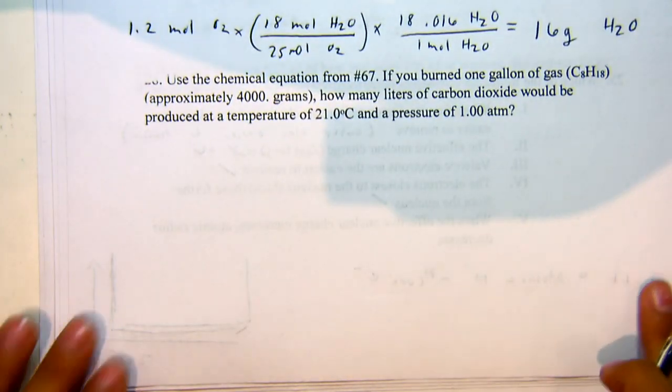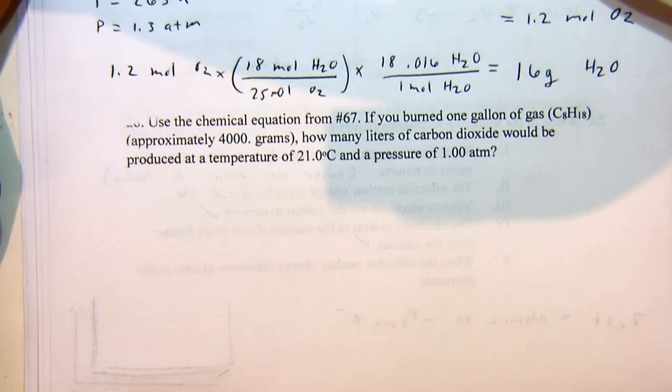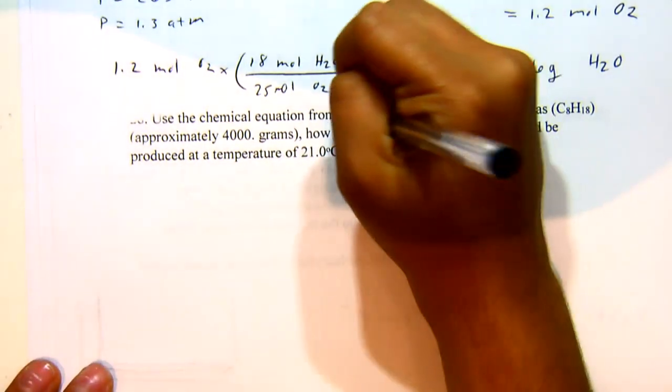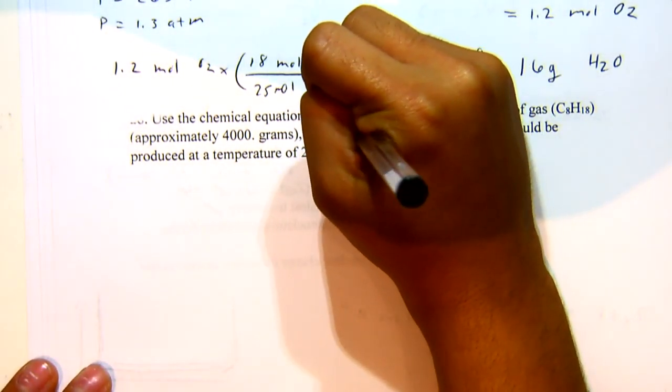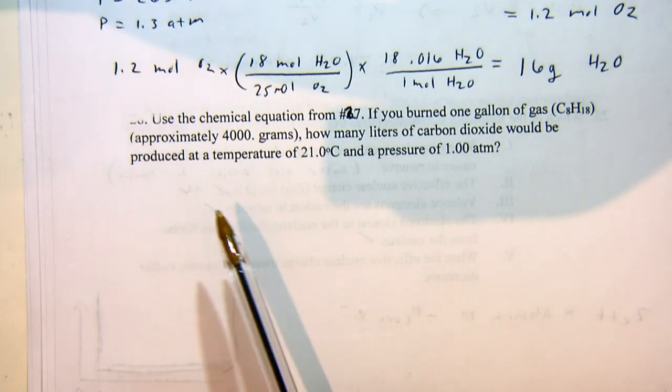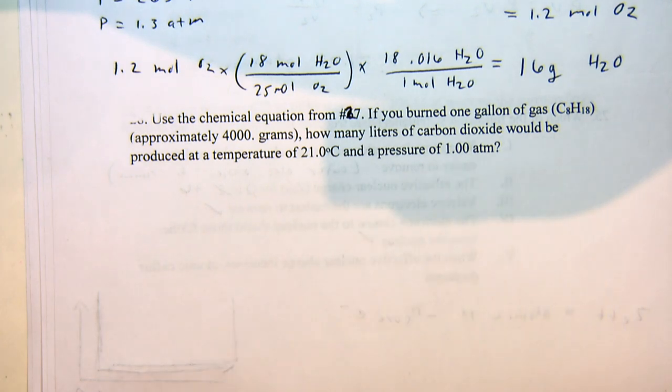So now we're going to use that same chemical equation to figure out, if you burned 1 gallon, in here it says 67, but I meant 27. I use the chemical equation from number 27. If you burned 1 gallon of gas, approximately 4,000 grams of that gas, how many liters of carbon dioxide will be produced at a temperature of 21 degrees Celsius and a pressure of 1 atm?